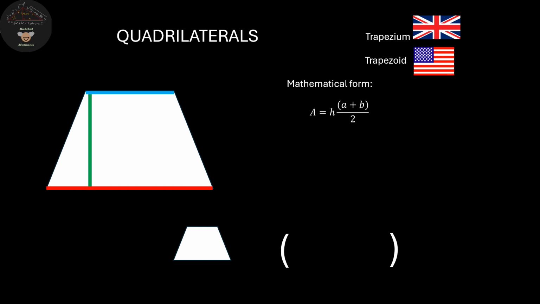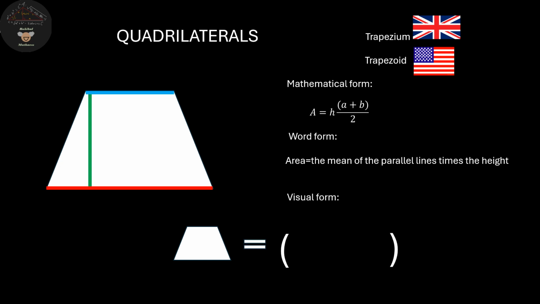In mathematical form, we can write it as A equals (a plus b) over 2 times h, or in word form, area equals the mean of the parallel lines times the height. By the mean, we mean the average. In visual form, the trapezium equals the blue part plus the red part, multiplied by the green part, all of this divided by 2. I made another mistake here, I'm sorry again.